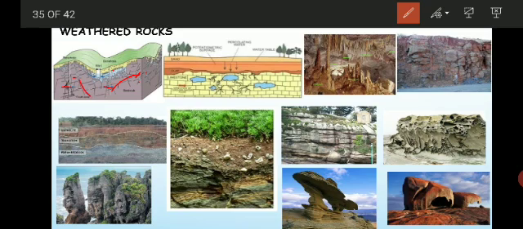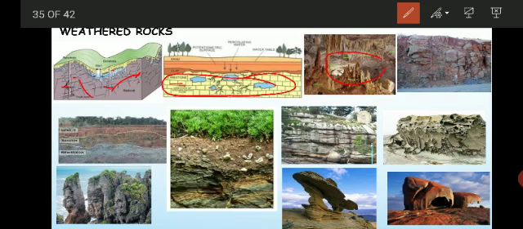Water is moving down into those cracks, and this is especially in the limestone region. Here it is written limestone, right? So in limestone there is a special case wherein it forms caves like this inside the rock. Why? Because limestone is a chemically reactive rock.